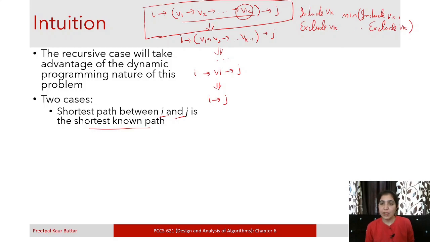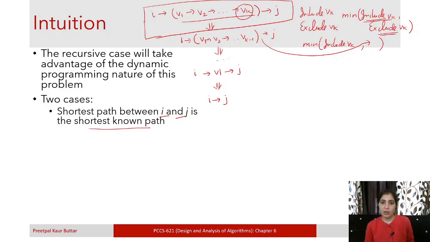And if you include Vk, let us for the time being leave this. Okay, so what happens when you include Vk? Let us first consider what happens when you exclude Vk. Exclude Vk means you are just referring to the previous subproblem, which is this. Okay, so it means you are considering only the vertices from V1 to Vk minus 1. You are not including Vk.